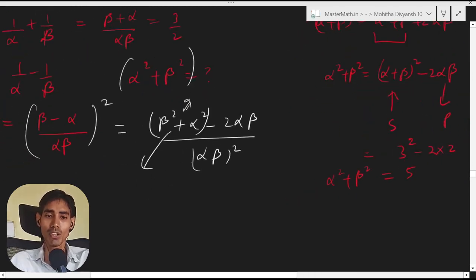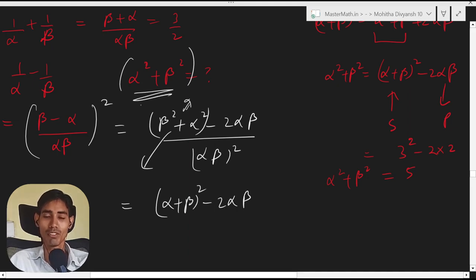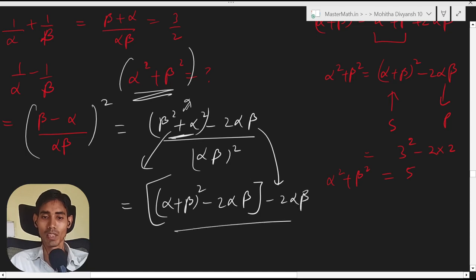So this first value, although we found it, you can substitute the answer also, but this was alpha plus beta whole square minus 2 alpha beta. This was the value of alpha square plus beta square, and then this minus 2 alpha beta extra, divided by alpha beta whole square.